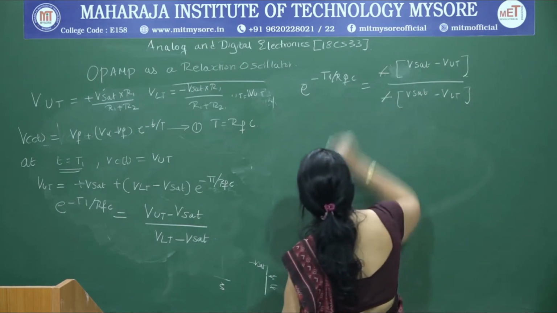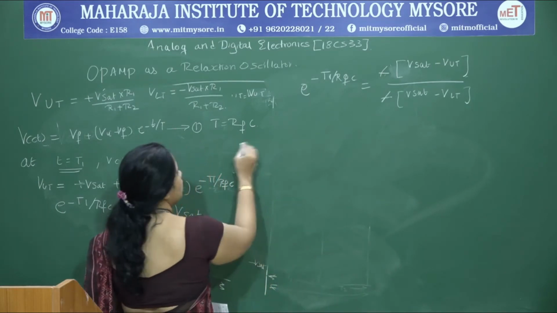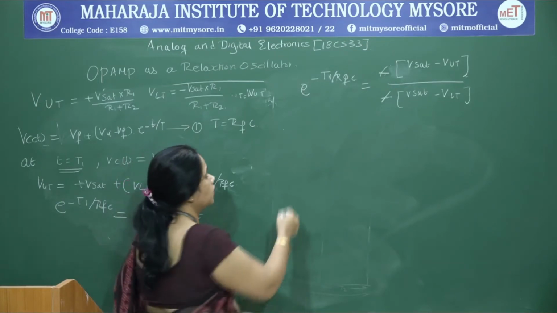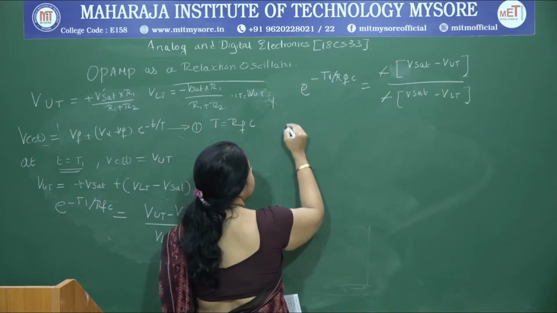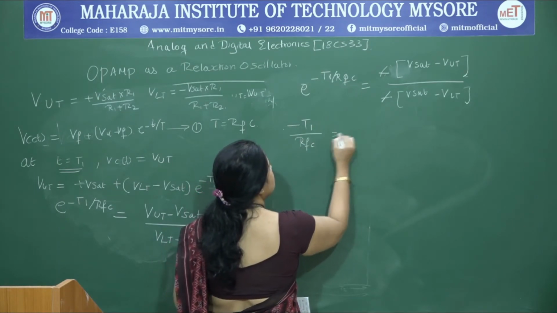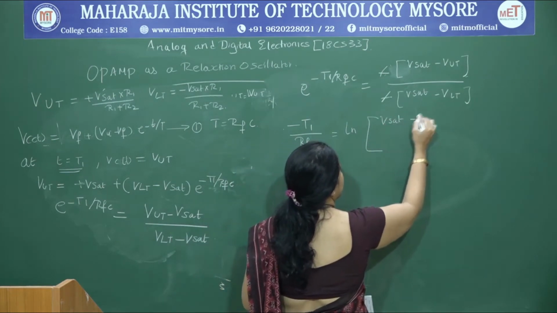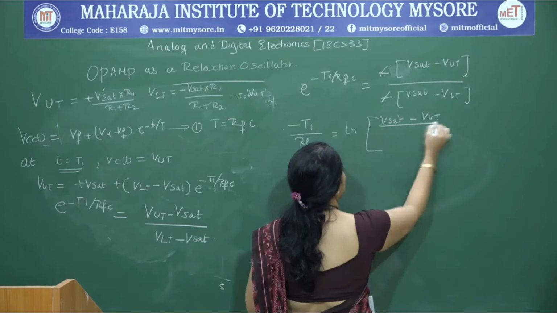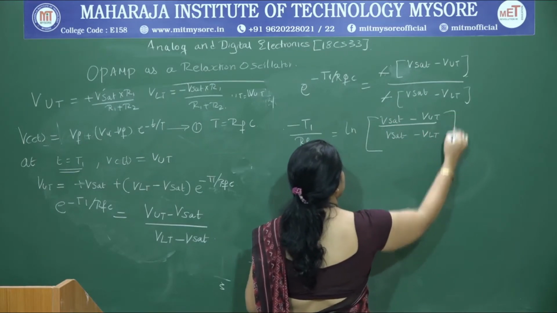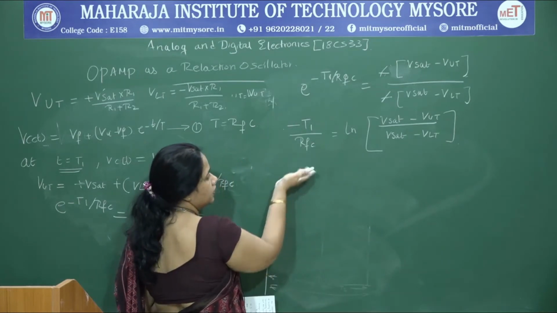So, this gets cancelled. Now, I want to arrive at an expression for T1, so I take the natural logarithm on both sides. The expression reduces to minus T1 by RFC equal to the logarithm of Vsat minus VUT by Vsat minus VLT.